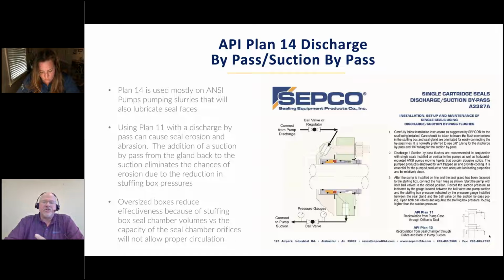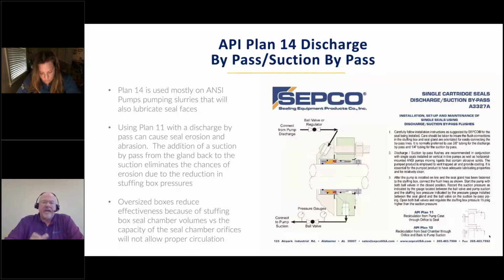What this will do is elevate the pressures in the stuffing box, and it will allow you to pull those fluids from that stuffing box back to the suction side of the pump to create circulation.